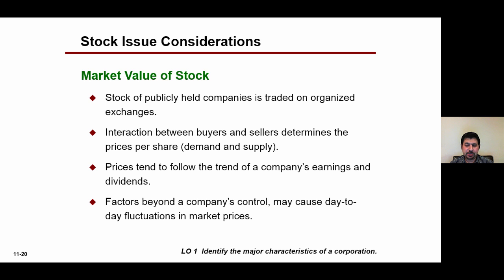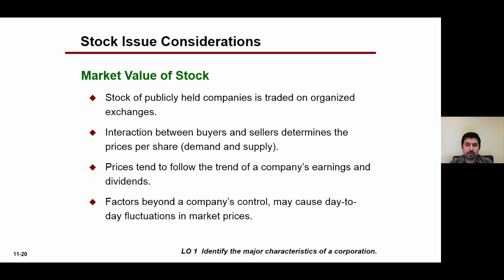Now, the market value of the stock depends on some other factors as well. It is mostly affected by the demand and supply, and this is usually shown in the fluctuations when publicly held companies' stocks are traded in the exchange markets.